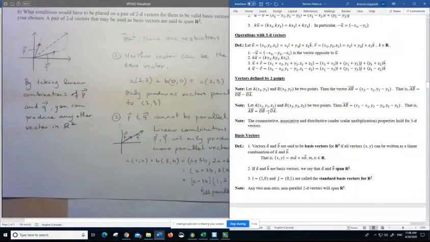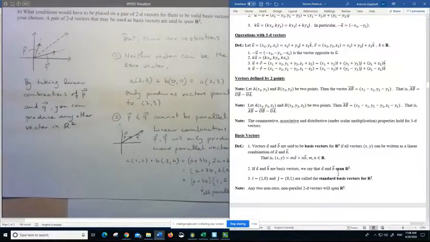And then here we have that any two vectors in R2 can be used as basis vectors as long as neither of them is 0 and the two vectors are not parallel. And if you have two valid basis vectors, what we say is that they span R2, meaning that you can use these two vectors to write any other vector in R2.